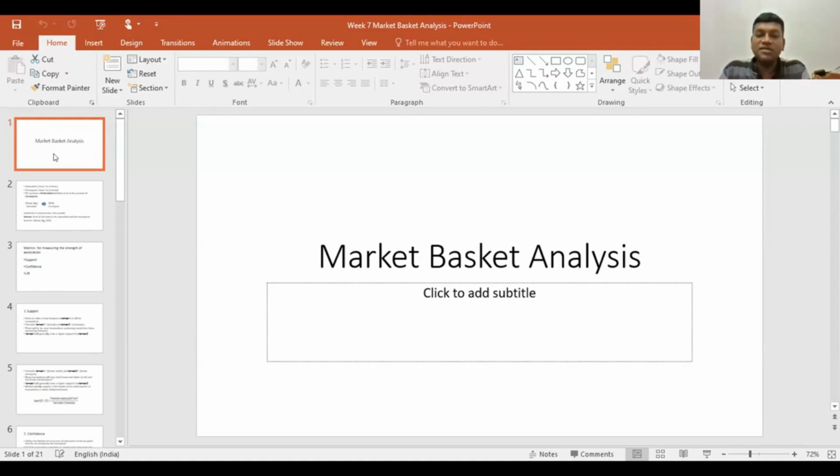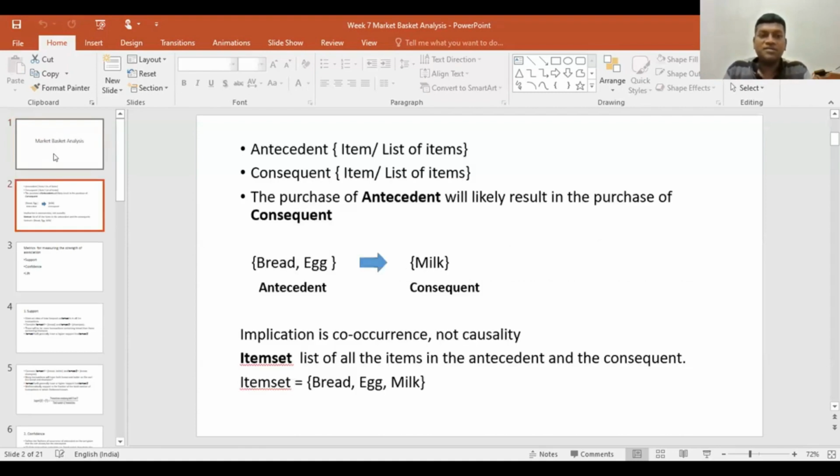To test it out in reality, you will have to actually try this on a shop floor and see what works. I mean, whether to club it together and keep it in the same place, or keep it at two different places and make the customer move around so that he's also exposed to more products which he possibly could buy. Okay, so we'll talk about the mathematics of market basket analysis a little bit.